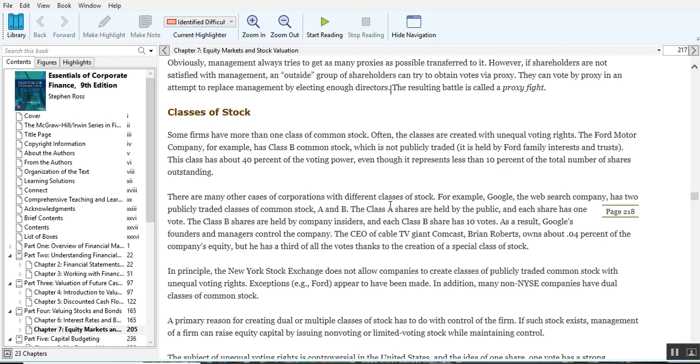Stocks come in different classes, even in common shares. So you may have two different classes of common stock, and they give the example here. The Ford Motor Company has Class B common stock that's not publicly traded. It's held by the Ford family, interests, and trusts, and it has about 40% of the voting power, even though it represents less than 10% of the number of shares that are outstanding.